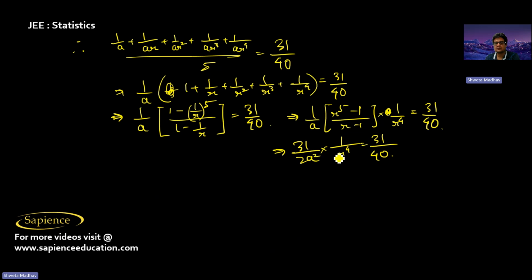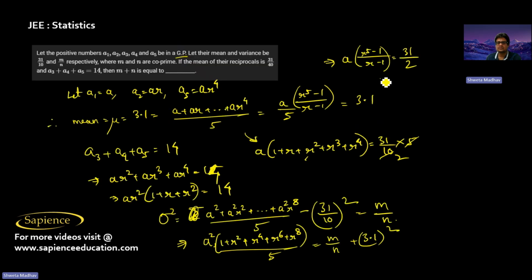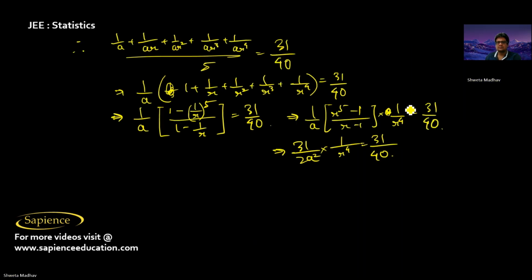So this is a square, 1 by a into 31 by 2a. That's why from here I can say r power 5 minus 1 by r minus 1, that is 31 by 2a. 31 will cancel, 2 20 is 40. A square r power 4, that is equal to 20.